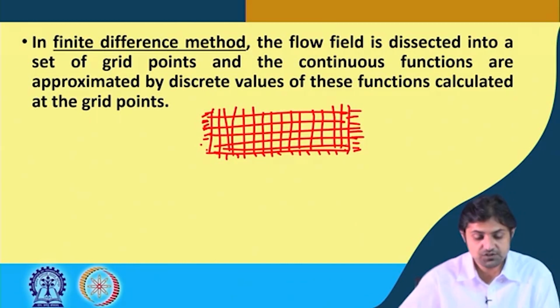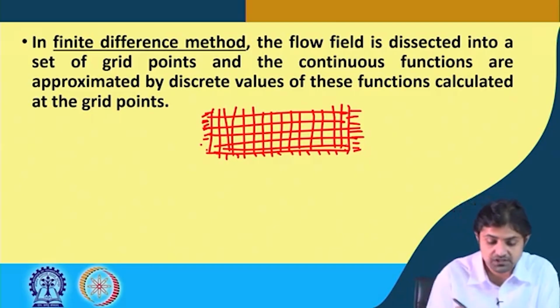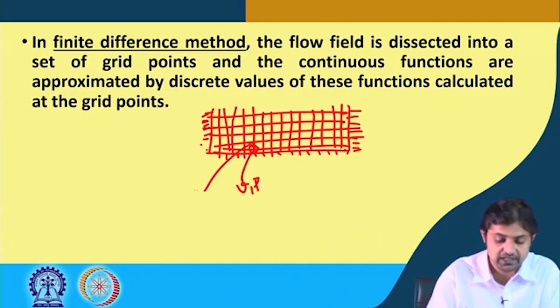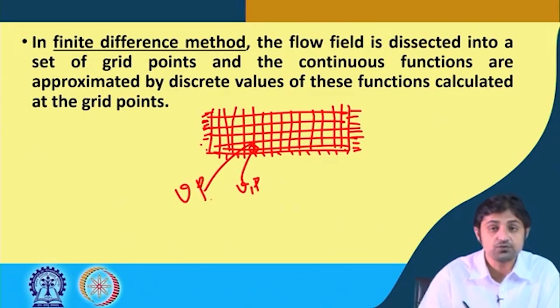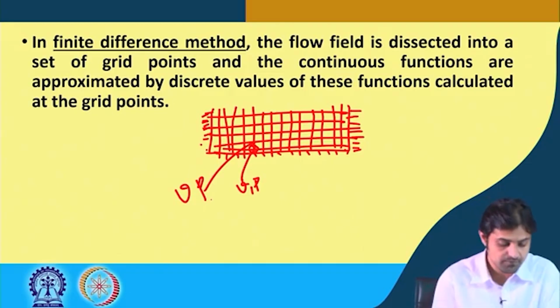And the continuous functions are approximated by discrete values of these functions. So, what we do? We calculate the value. Suppose the velocity and pressure we will calculate at this point, we will calculate at this point using our conversion of partial differential equation to the algebraic equation.